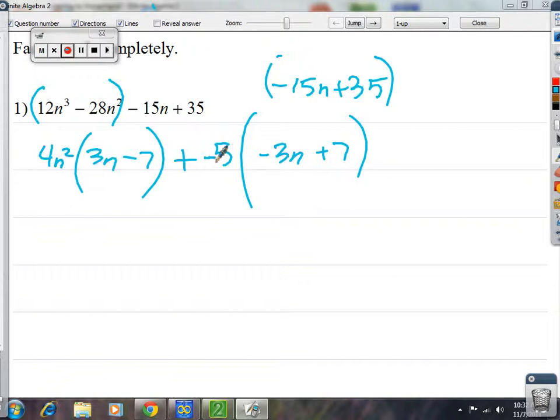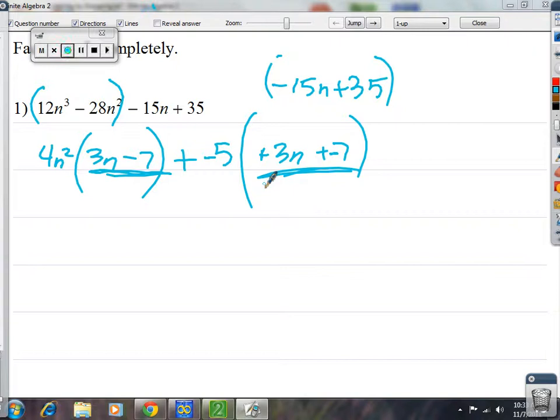So a negative 5 times what is a negative 15n? That would be a plus 3n. And a negative 5 times what is a positive 35? That would have to be a negative 7, because a negative 5 times negative 7 is positive 35. So now, without too much work, I made this and this exactly the same thing.